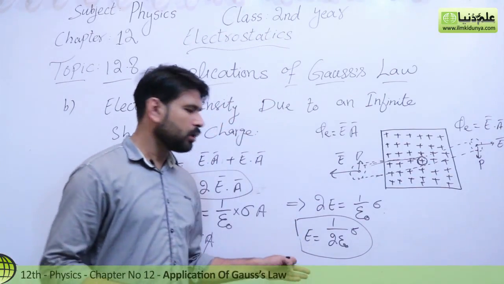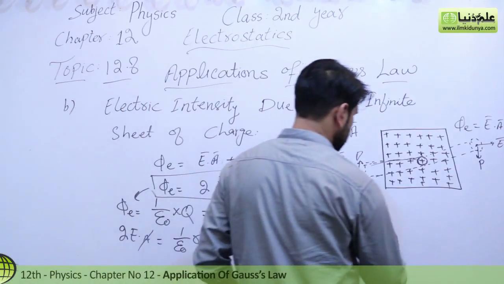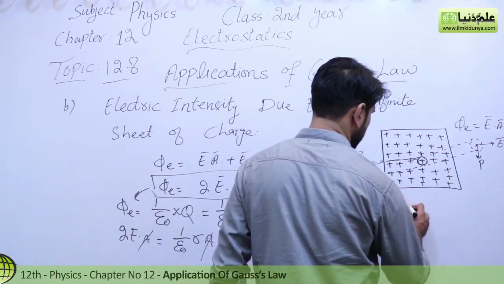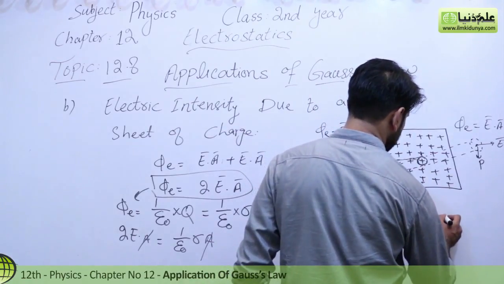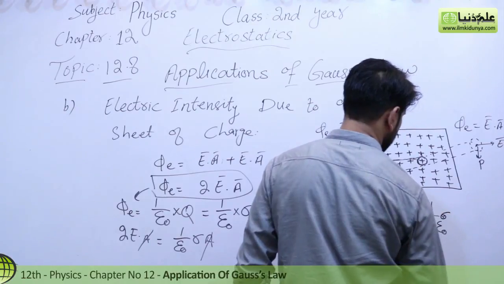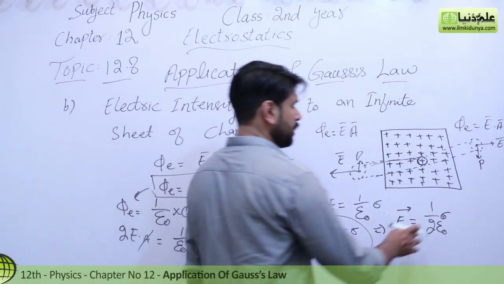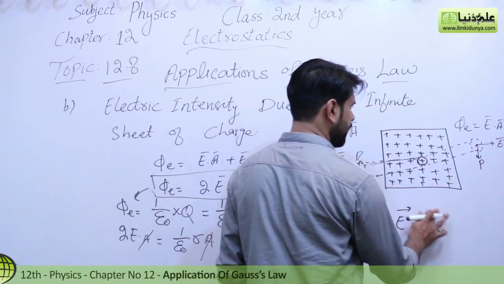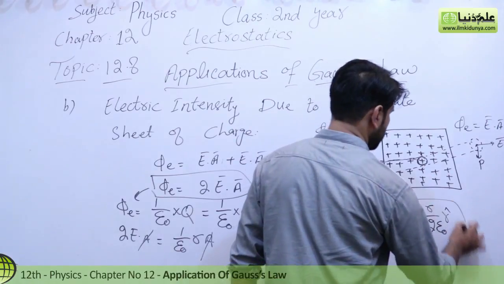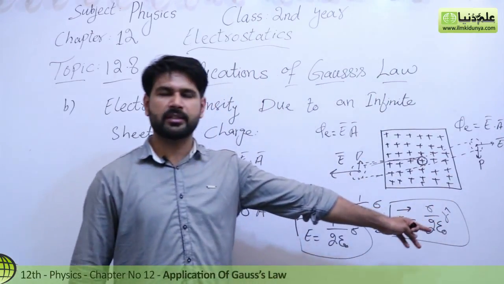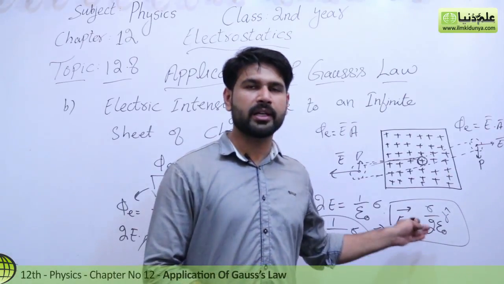If you want to write this expression in vector form, it is 1 over 2 epsilon naught times sigma, and we will have to write a unit vector to describe the direction of E.